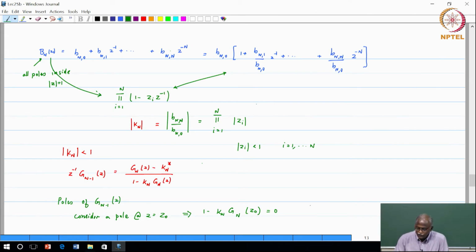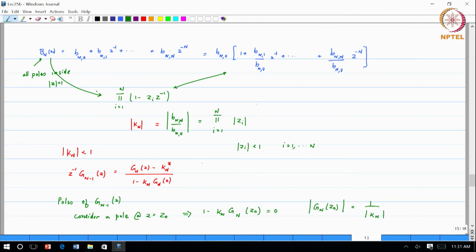From this we can also verify that mod Gn of Z naught is equal to 1 over mod Kn, correct. I have just rewritten that equation. Mod Kn is less than 1. So, 1 over mod Kn will be greater than 1. So, this will be greater than 1. Now, what can you tell me from maximum modulus theorem? It has to be inside the unit circle, Z naught has to be inside the unit circle. Okay. So, this implies Z naught lies inside unit circle.